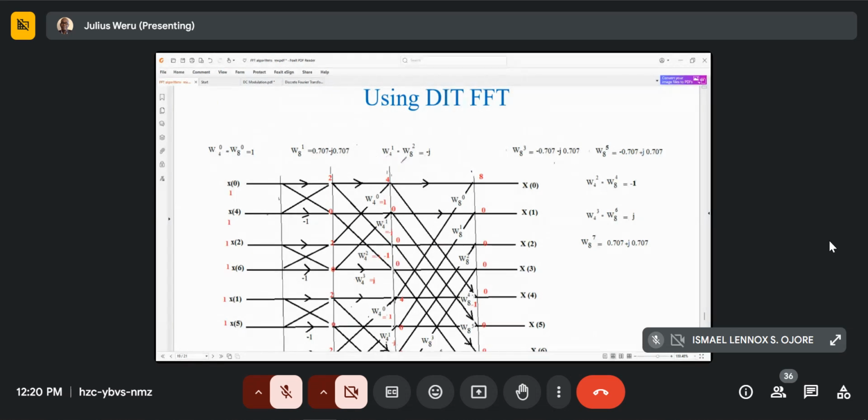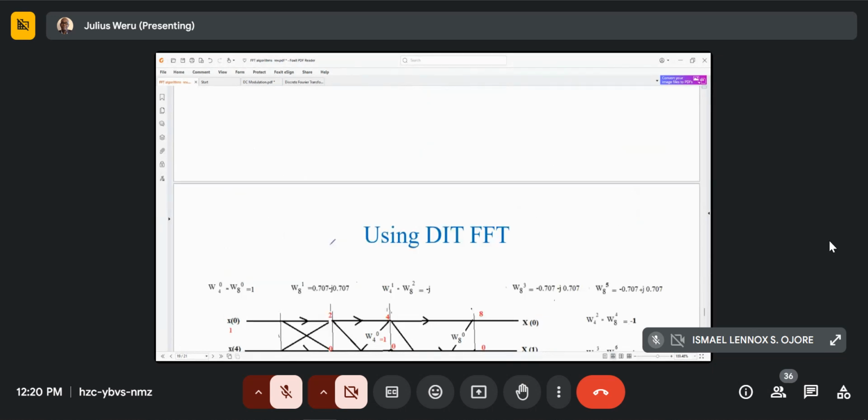W4 to the 1 is the same as W8 to the power of 2. W4 to the power of 2 is the same as W8 to the power of 4. W4 to the power of 3 is the same as W8 to the power of 6.